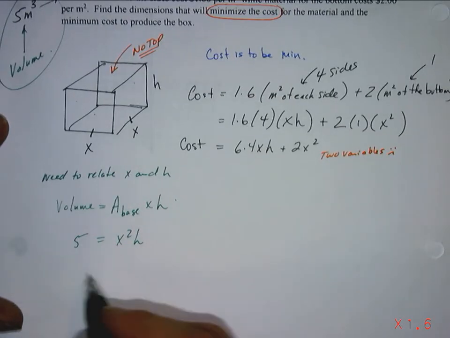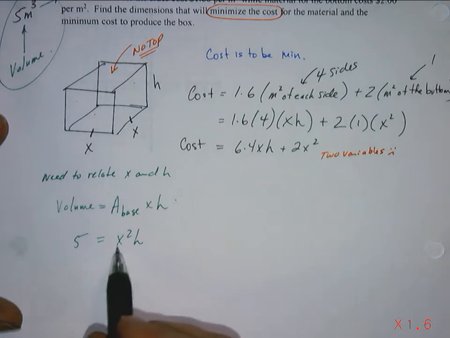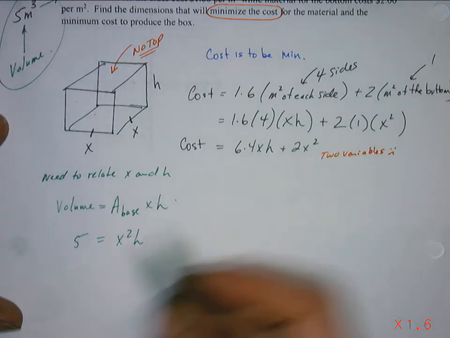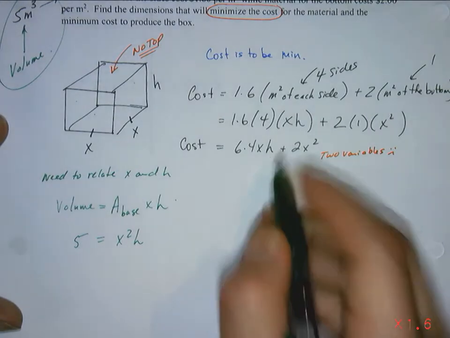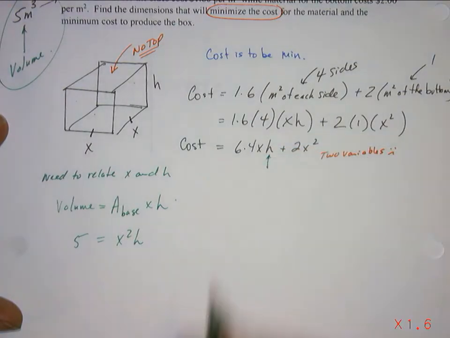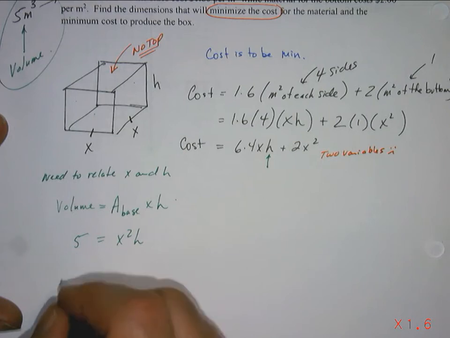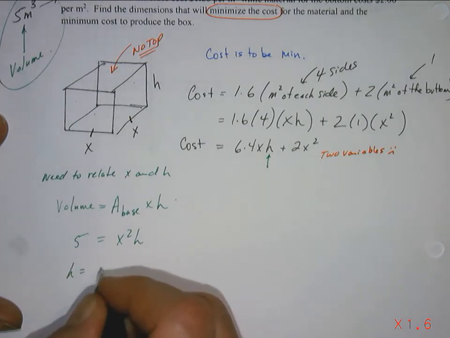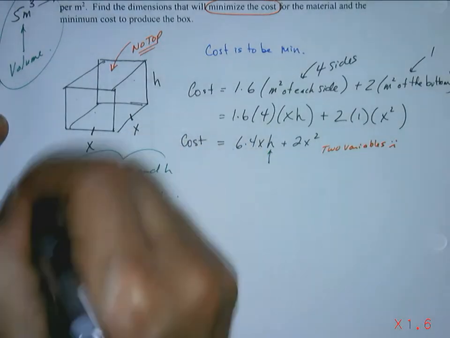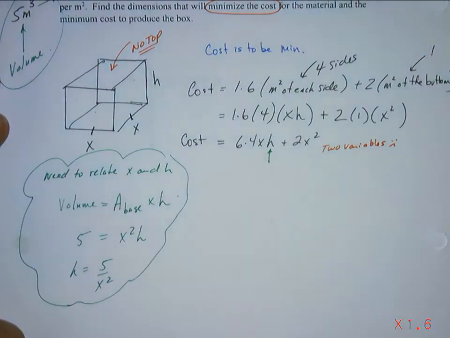So here's my equation. I can isolate for x or h, it doesn't matter, but it's going to be nicer just to plug in for h once rather than having to plug in for x's. So h equals 5 over x squared. And we put a little bubble around that so I can find it later when I need it.